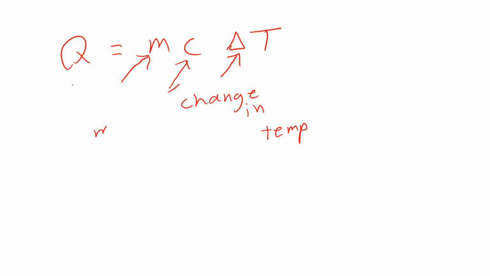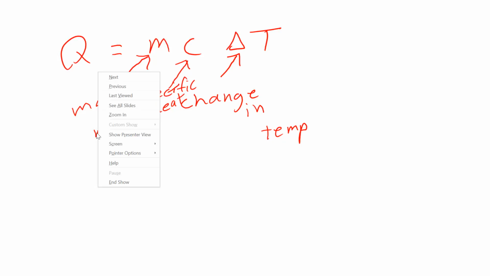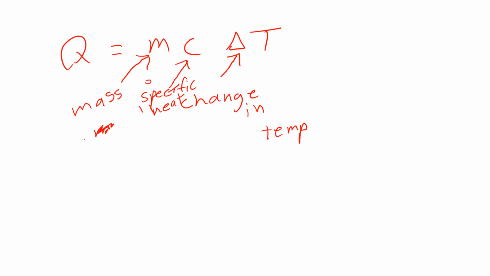This is mass. And then the C is specific heat. For the C, you tend to need to know what your specific heat values are so that you can plug them into any particular solution.